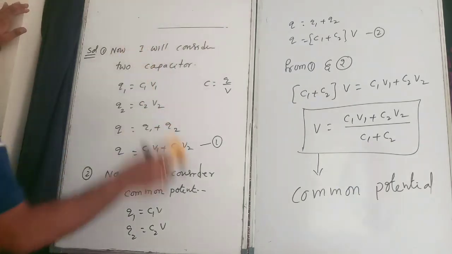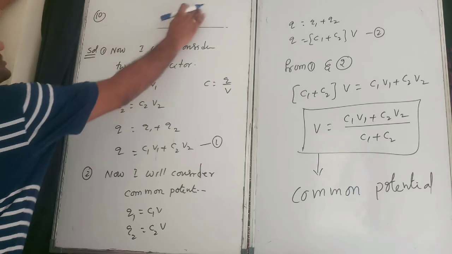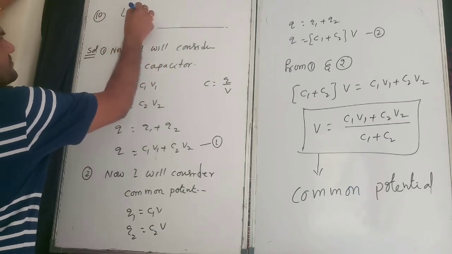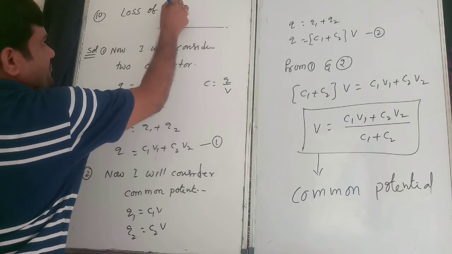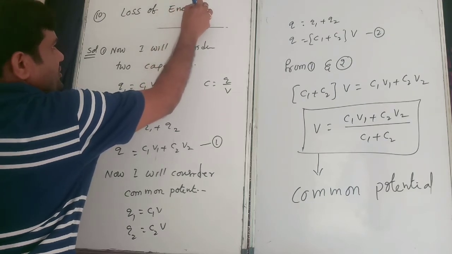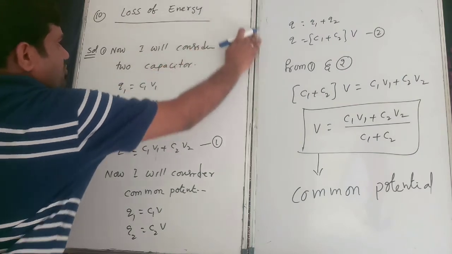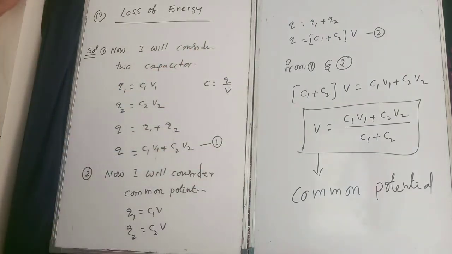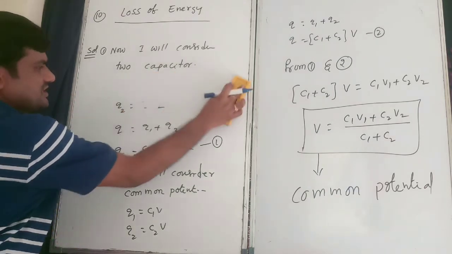Next, the last and final topic we finished. Last topic of the chapter. So loss of energy, loss of potential energy. Same points. Now I will consider two capacitors.